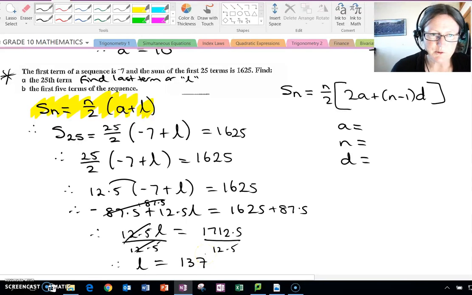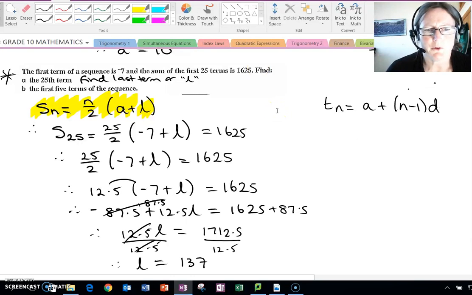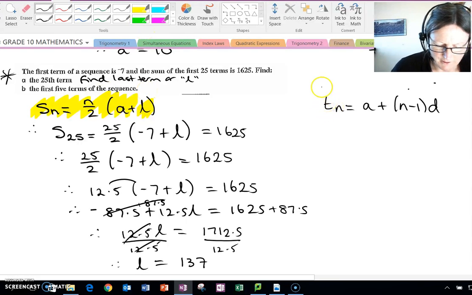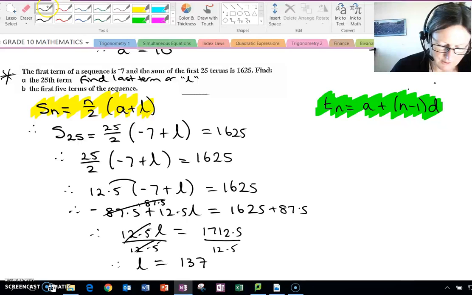So that's the first part. We've worked out what the last term must be. Okay, we know the first term is negative 7. The second part of this question says find the first 5 terms. Well, we need to know what the common difference is to do this. If I utilise this formula here, I have enough information to work out the common difference.